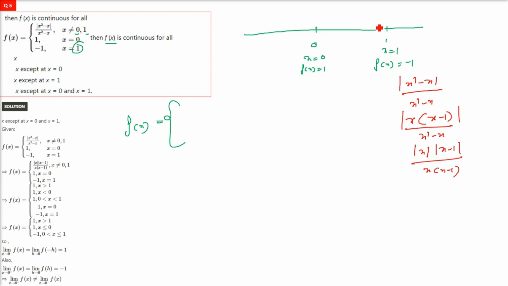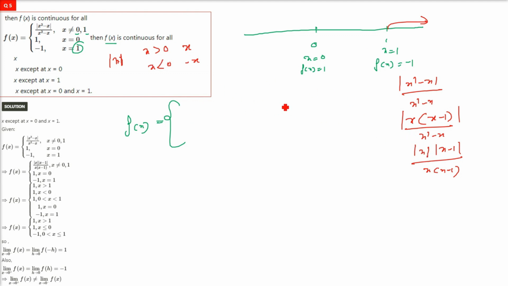When x is greater than 1, mod x, simply when x is greater than 0, it is going to be x. When x is less than or equal to 0, it will be negative x, right? We have to just replace this value depending upon whether x is less than 0 or greater than 0.